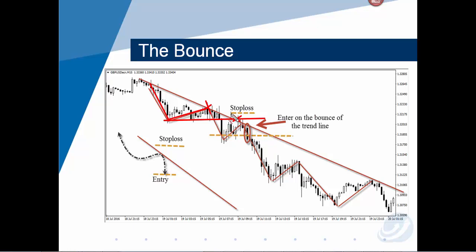Confluence is where two or more indicators meet at that point. We have our downtrend line and our past support area both converging right here. So this level now becomes a strong area of resistance in the market, and this is where you'd go short.